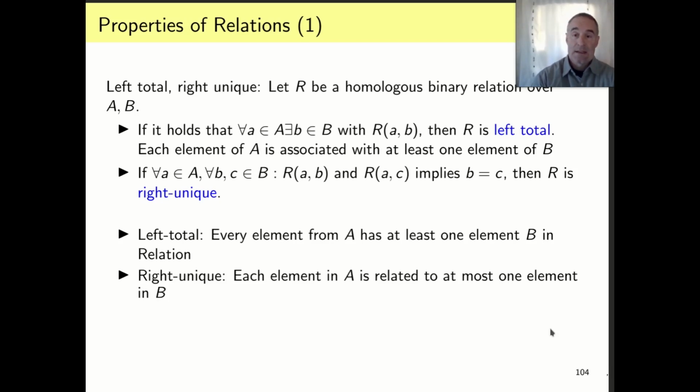If that's the case, then R is right unique. So we can summarize this. Left total, every element from A has at least one element of B in the relation, and a right unique relation means that every element of A is related to at most one element in B. Right unique means it's functional.